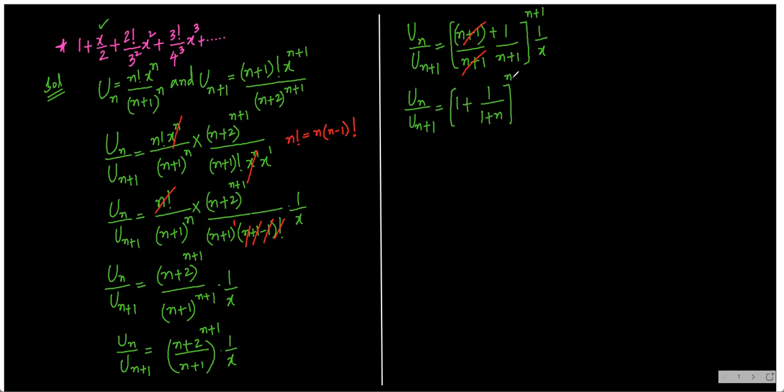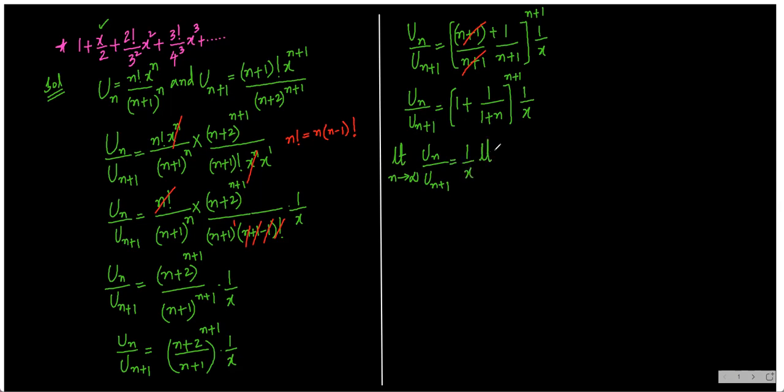This is (n plus 1) power into 1 by x. Now we can take limit n tends to infinity on both sides. So let us apply the limit n tends to infinity to un by un plus 1. 1 by x is a constant term, we can pull it out.